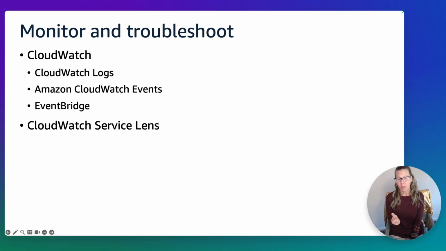And using EventBridge, you can automate SageMaker and respond automatically to events such as training job status change or endpoint status change. Events from SageMaker are delivered to EventBridge in near real time, and you can write rules for events and what automated actions to take when an event matches a rule.